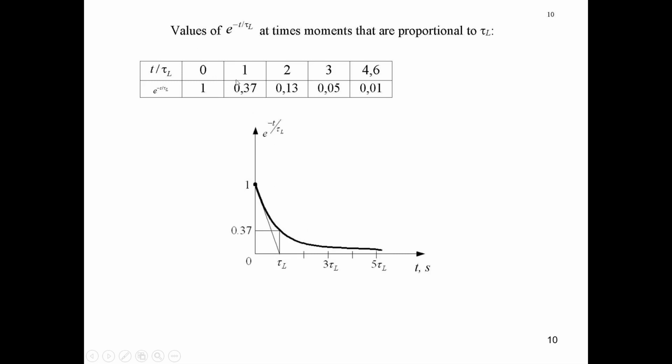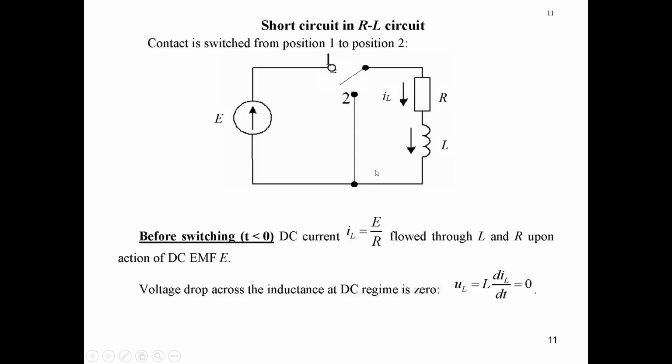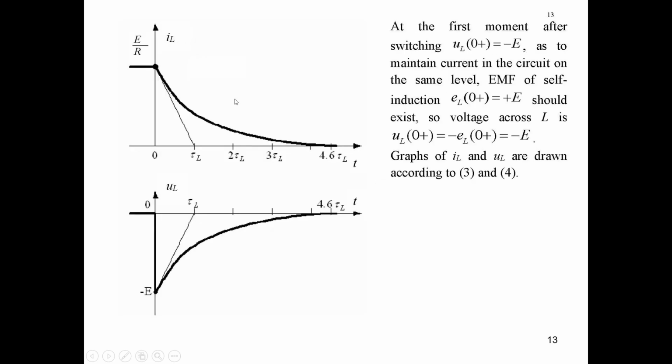You see, it changes smoothly from level 1 to level 0.37 when t equals tau L, to level 0.13 at t equal to 2 tau L, and so on. So we have such a graph for current in this considered case.